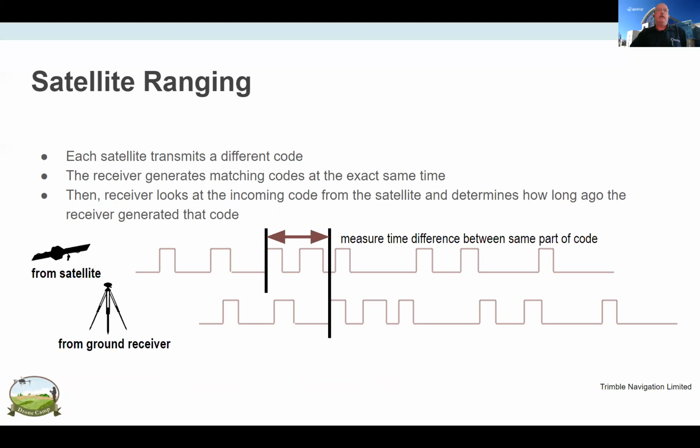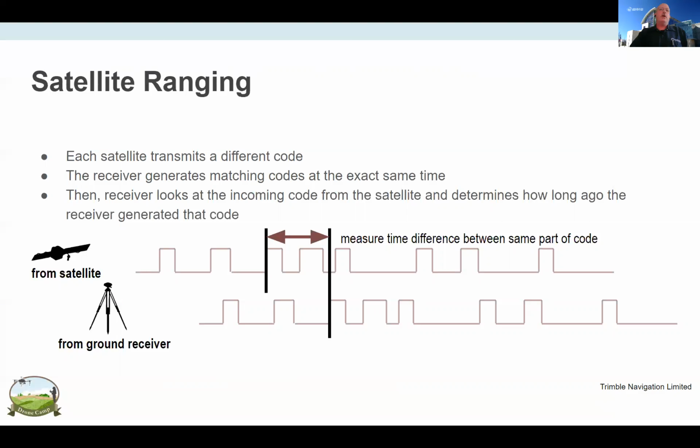Each satellite in the constellation is transmitting a different code. And the receiver knows all those codes, so it's kind of as if the satellite is singing a song. I don't know what song, it could be anything. It could be Baby Shark or Auld Lang Syne or anything. But the satellites are each singing a song, and the GPS receiver has that song in its memory as well.